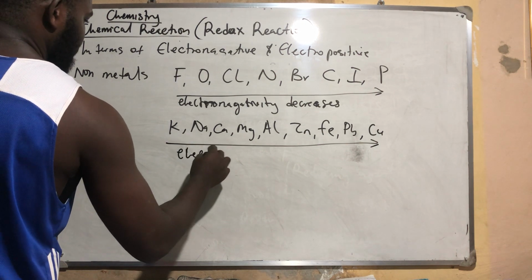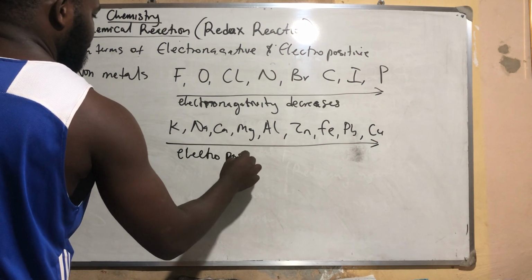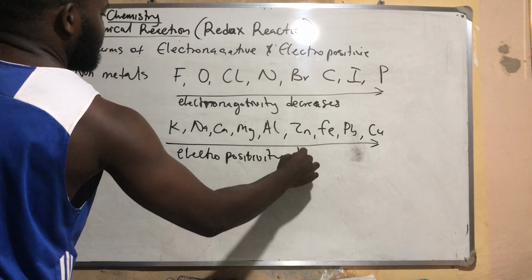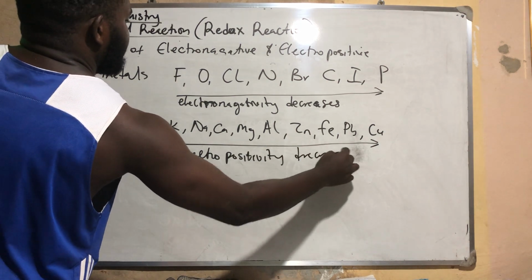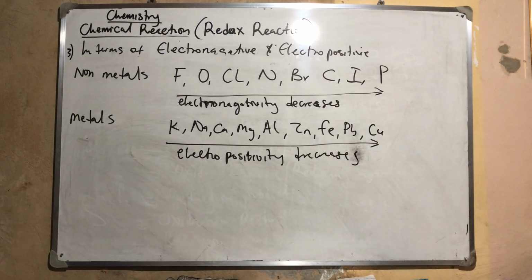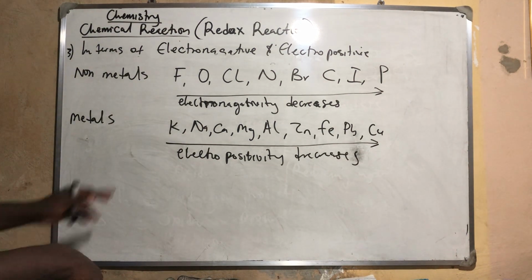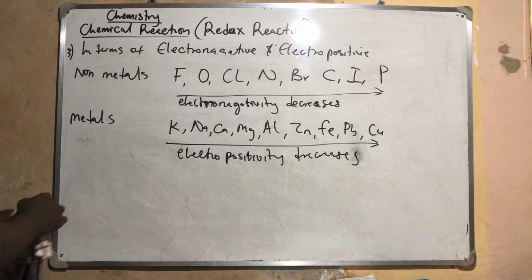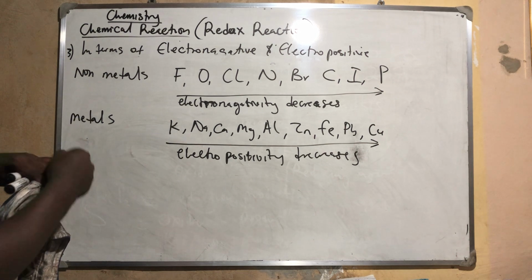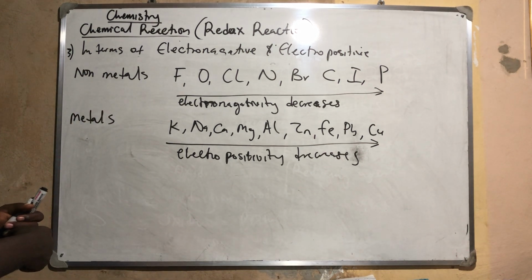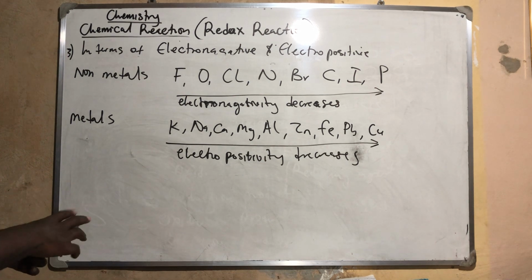And the electropositivity decreases down this. All right, so that is that. So the most electropositive element we have is potassium. To study this more, you need to study displacement reaction.